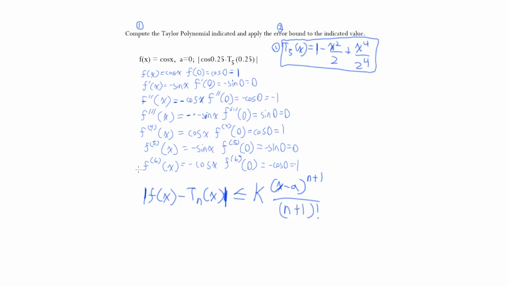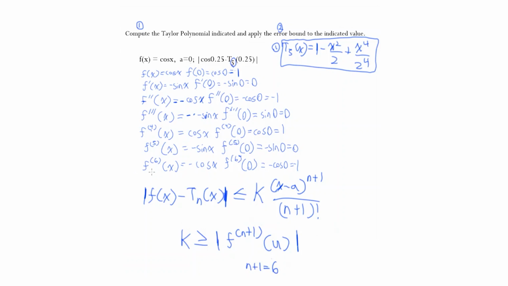And the reason why we took it out to the 6th derivative was because K is greater than or equal to the absolute value of f of n plus 1 of u. And our n plus 1 is going to be equal to 6 because we're taking this out to the 5th degree polynomial. So that's why I had to solve for the 6th derivative.